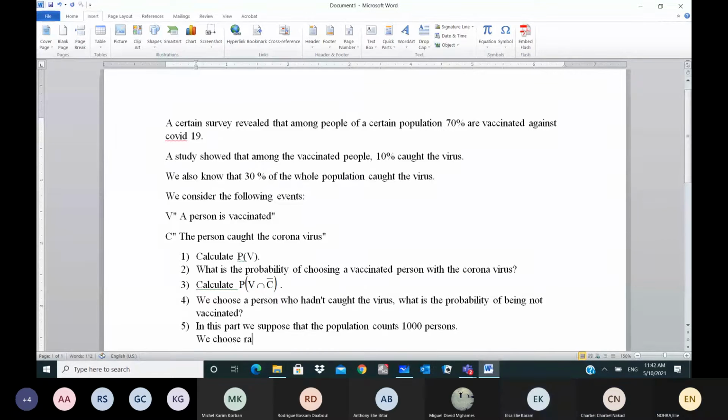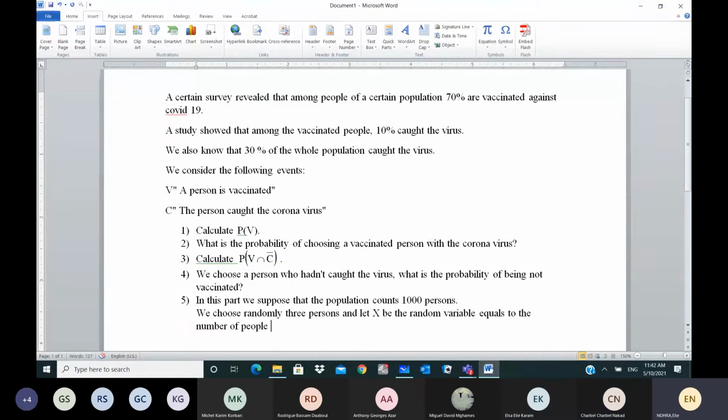We choose randomly 3 persons and let X be the random variable equal to the number of people who are vaccinated but got the coronavirus.